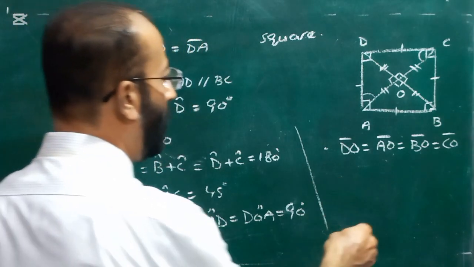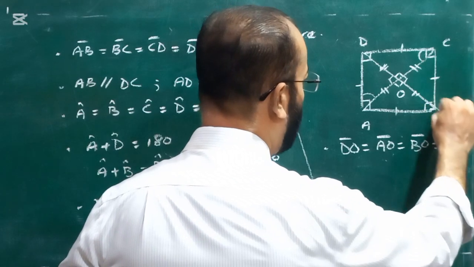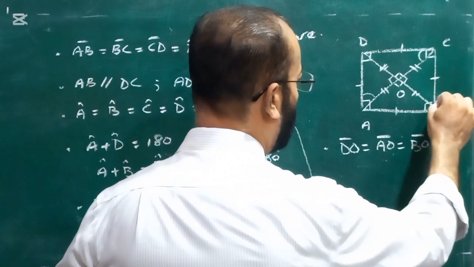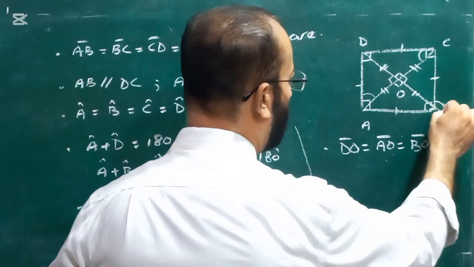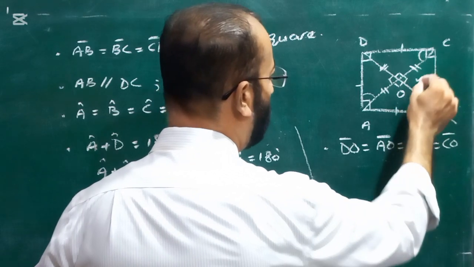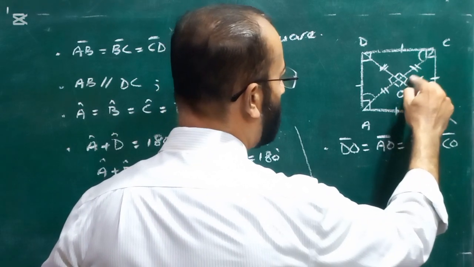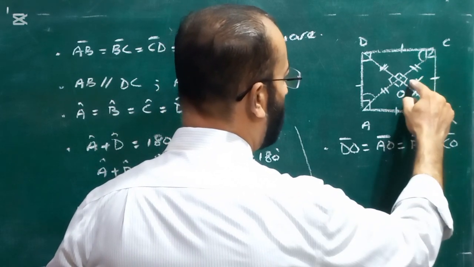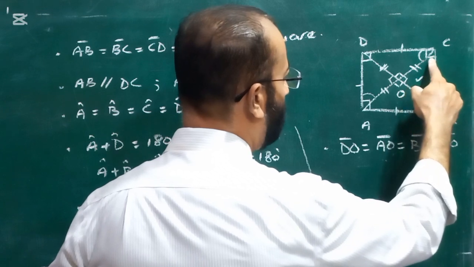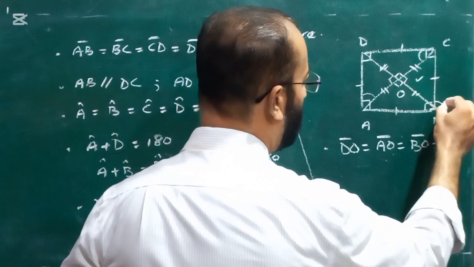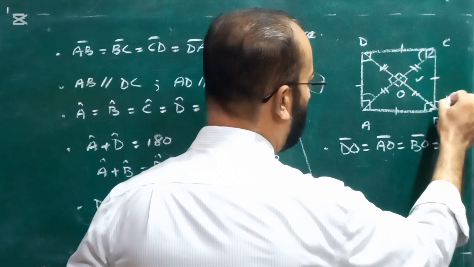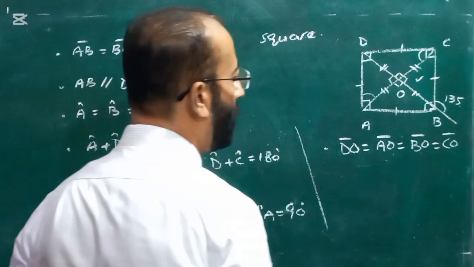Okay. Next is, if we extend this line, this angle will be equal to the sum of the opposite interior angles. So this plus this, 90 plus 45, is 135. So this will be 135.